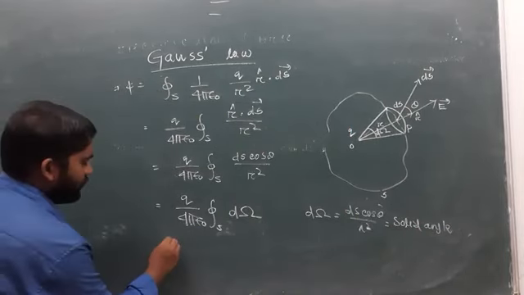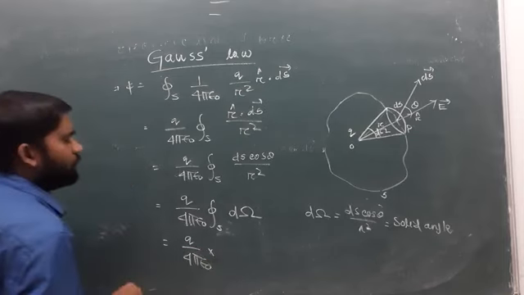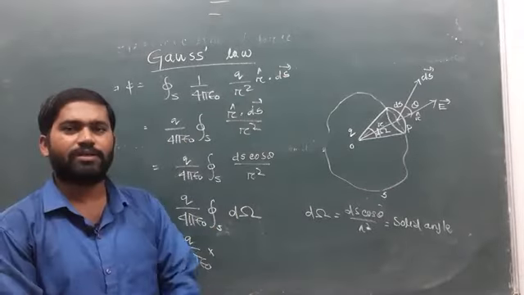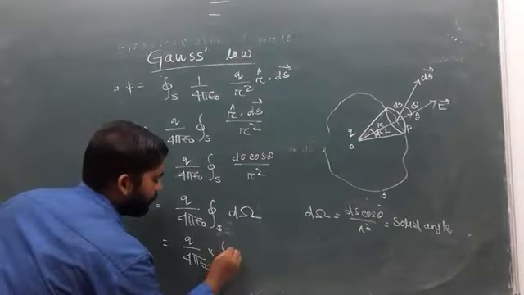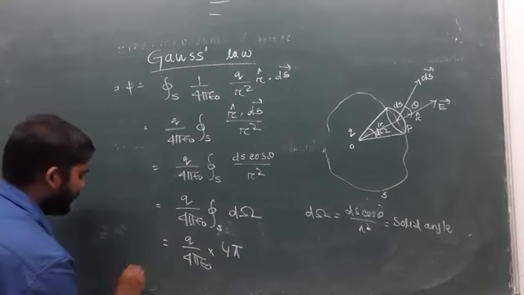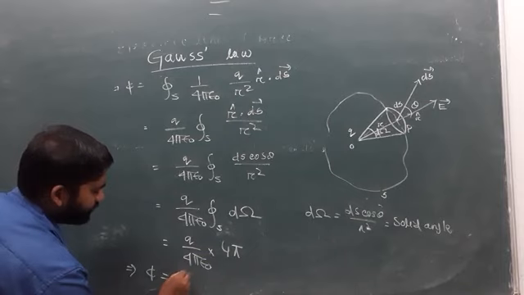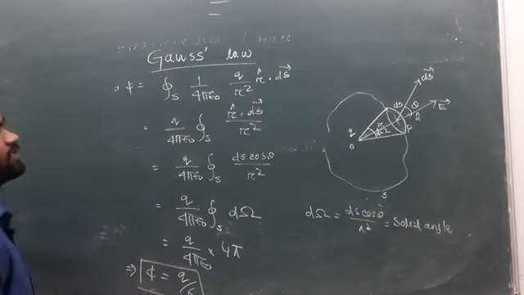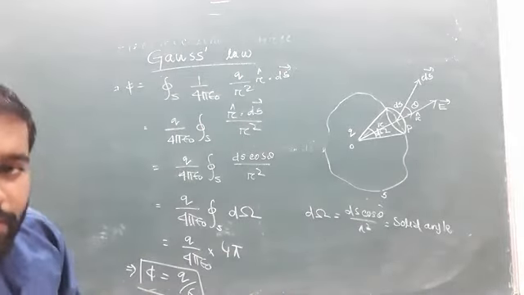So q divided by 4 pi epsilon 0 into the total solid angle, closed integration S d omega. The total solid angle is 4 pi for any surface. So if we cancel, we find phi equal to q divided by epsilon 0, and we started from E dot ds.